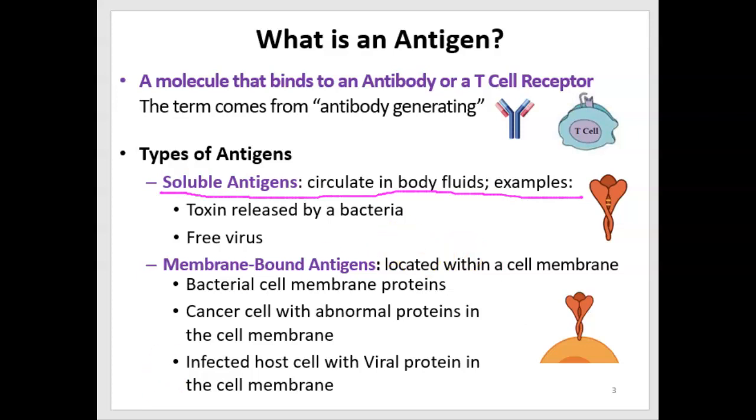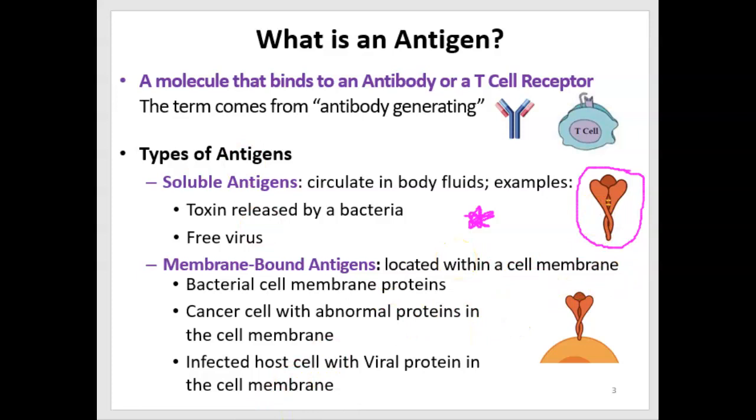And some examples would include toxins released by a bacteria, or maybe a free virus. Viruses are really, really small. I can't really draw a virus very well, but I can try. Viruses are really, really small, but they can float in your body fluids, mucus, everything.